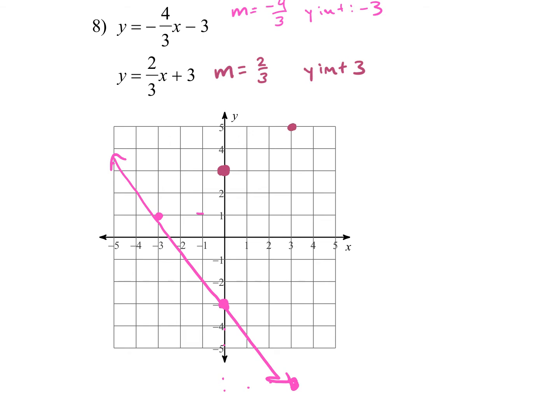And then I could also go down 2 to the left 3. Where do these two lines intersect? Awesome, negative 3, 1. So remember, you always look at the x-axis first, so I go to the left to negative 3, and then up 1. So negative 3, 1.